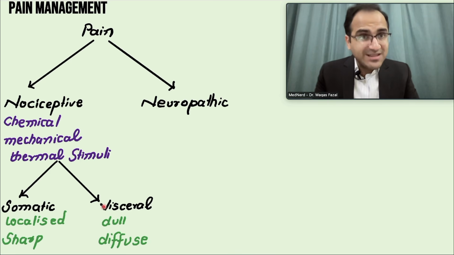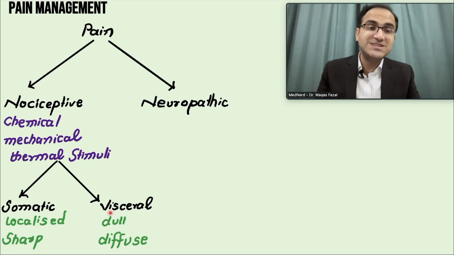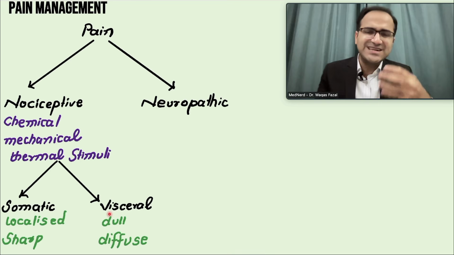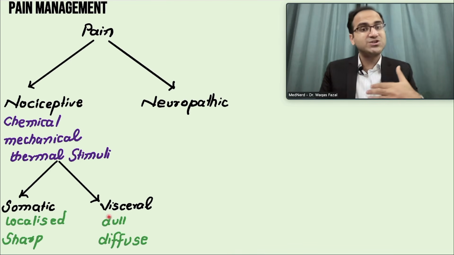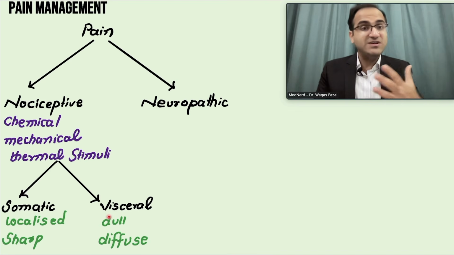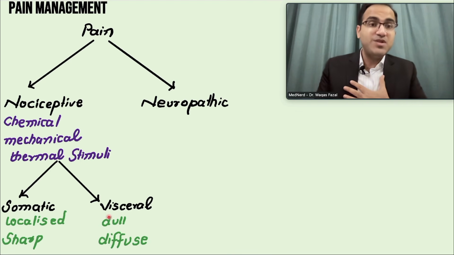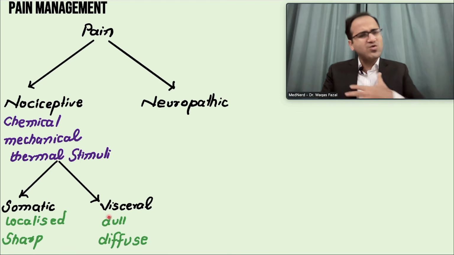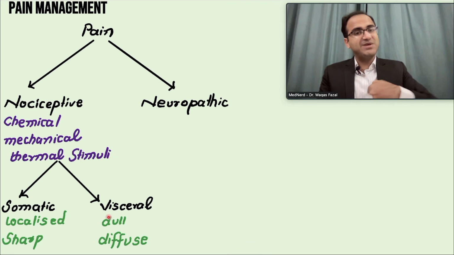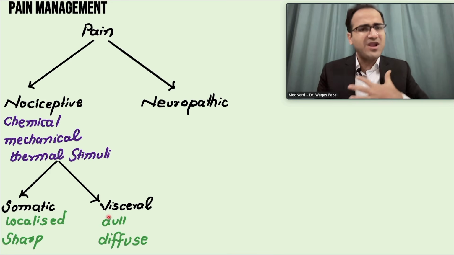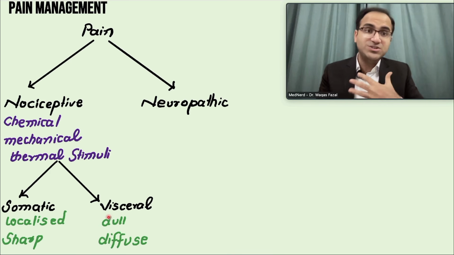On the other hand, visceral pain occurs within the organs, and it is a dull, diffuse pain. Someone having a myocardial infarction will put his hand on the chest and complain of diffuse pain throughout the chest. He will not typically localize it to one spot.